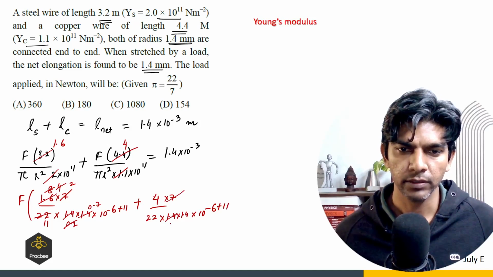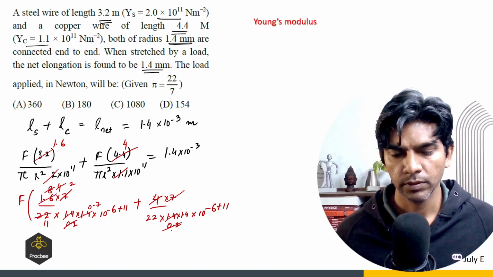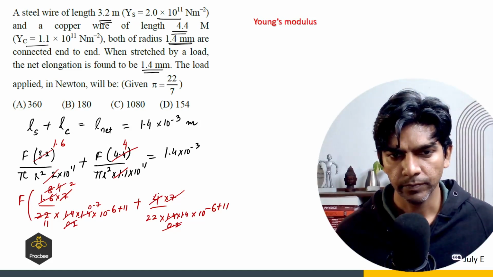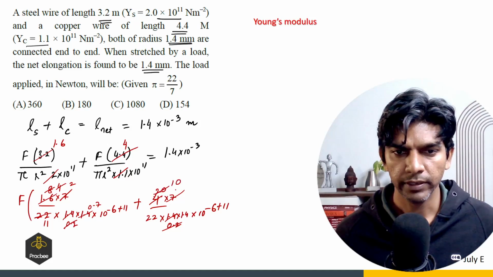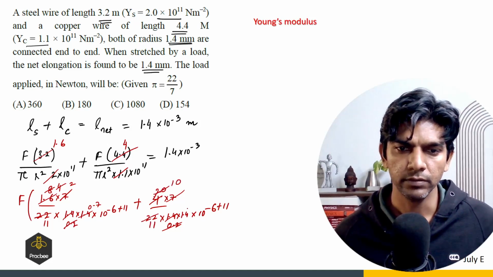So that will be 0.2, this will be 20, 10, this will be 11.